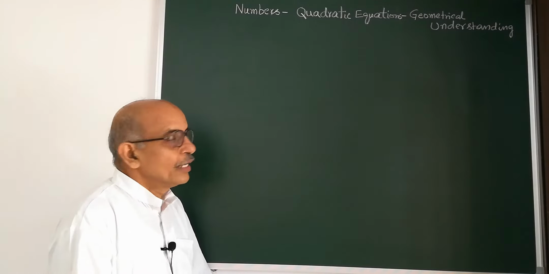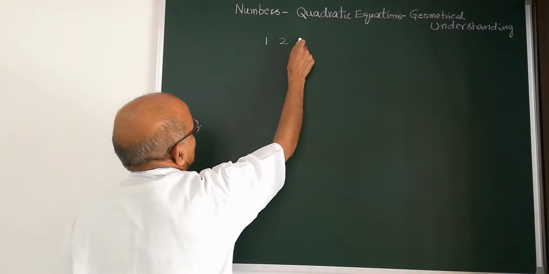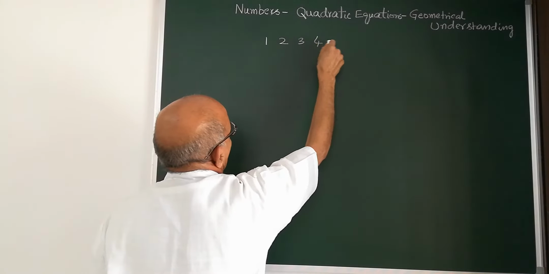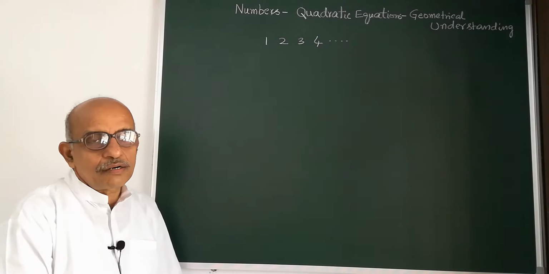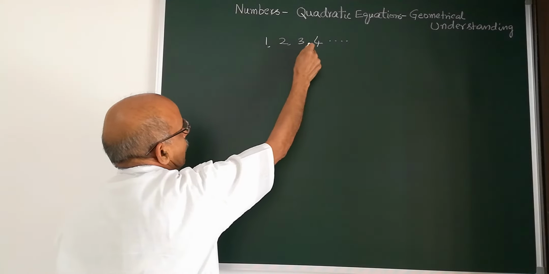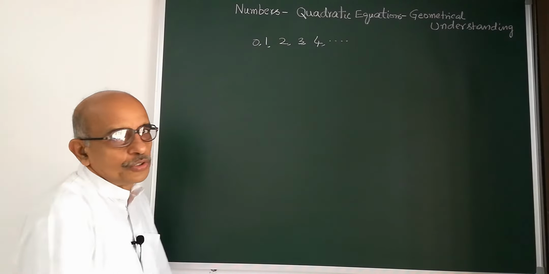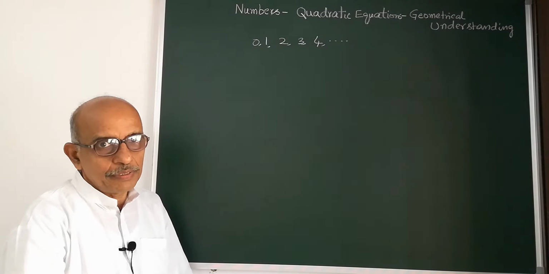Let us see. In the lower classes, you have learned 1, 2, 3, 4, and so on. They are called natural numbers. With all these natural numbers, if you include 0 also, then they become whole numbers.